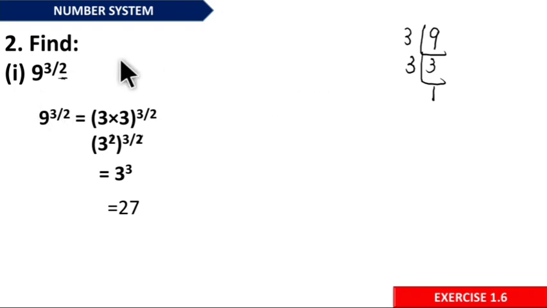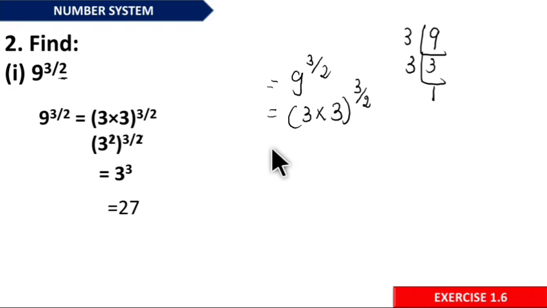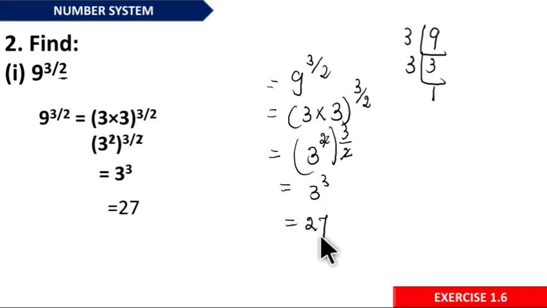So in the place of 9 we have to write 3 into 3. 9 to the power 3 by 2: in the place of 9 we can write 3 into 3, (3 into 3) to the power 3 by 2. How many times are we having 3? 2 times. (3 square) to the power 3 by 2. Here the 2 gets cancelled. We are left with 3 to the power 3, that is 27.